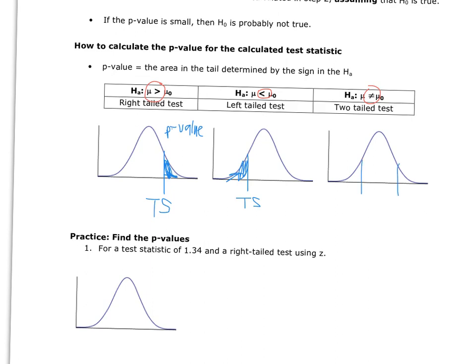So we have our test statistic, a negative and a positive case. The p-value is the area in those two tails combined. So in one tail, it's just half of the p-value, and the other tail has the other half.